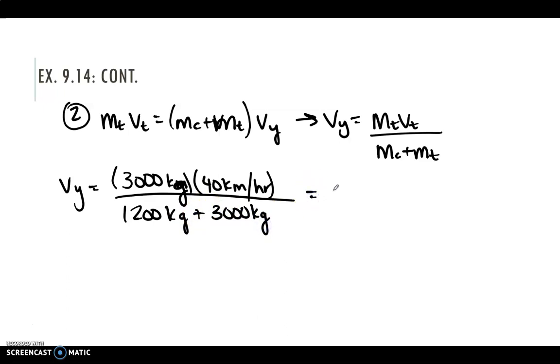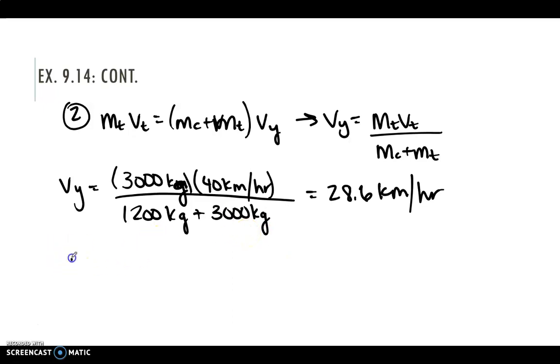And so we can put that into our calculator: 3,000 times 40 divided by 1,200 plus 3,000, we get 28.6 kilometers per hour.